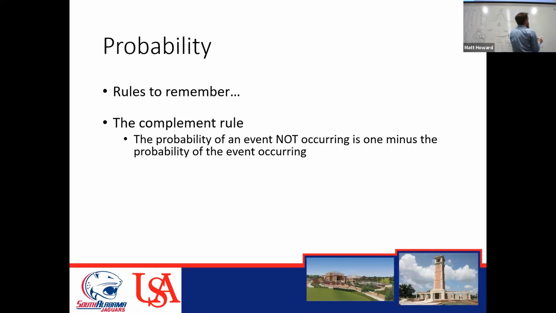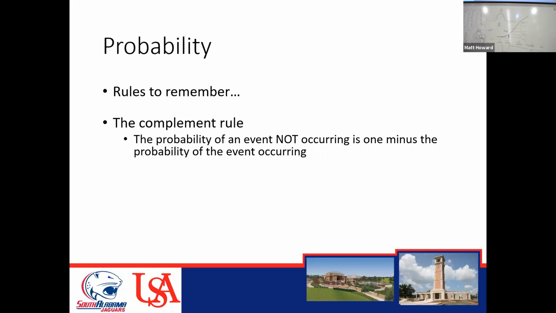So the complement rule is just simply the probability of an event not occurring is 1 minus the probability of an event occurring.